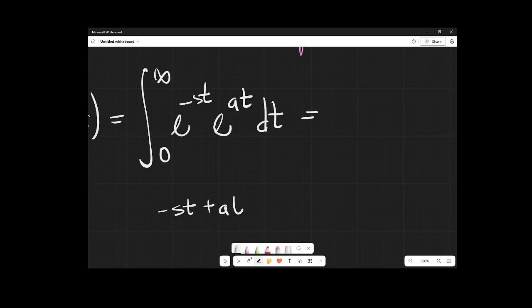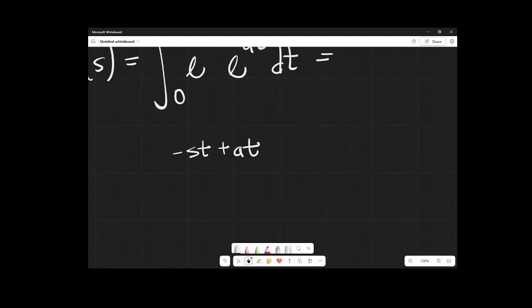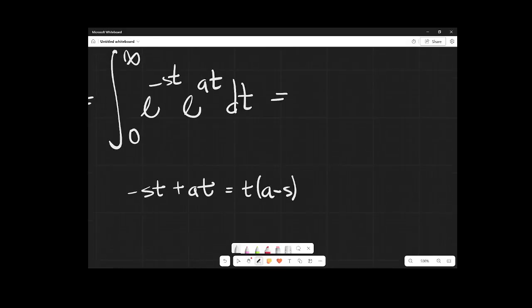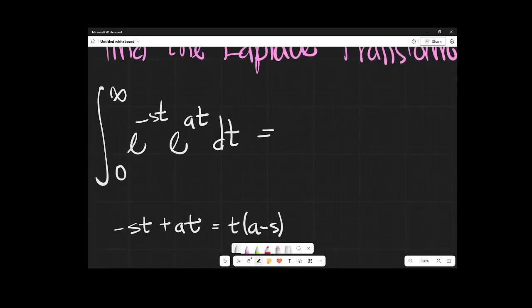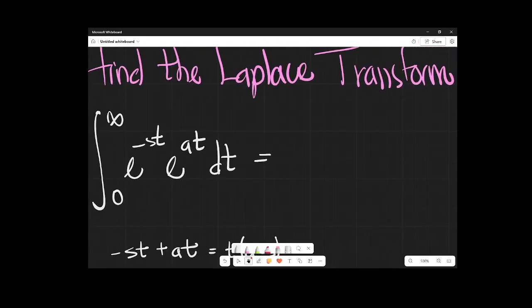And so when I do that, I'm just going to say that this equals t times a minus s, and you'll see why in a second. It's actually because this is how the integral will converge as the values of t go to positive infinity. And so by doing that, I have one exponential function.